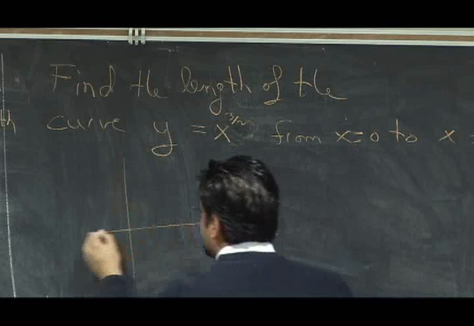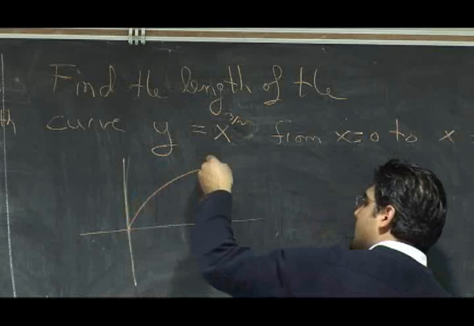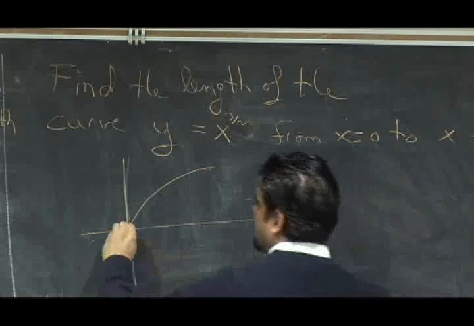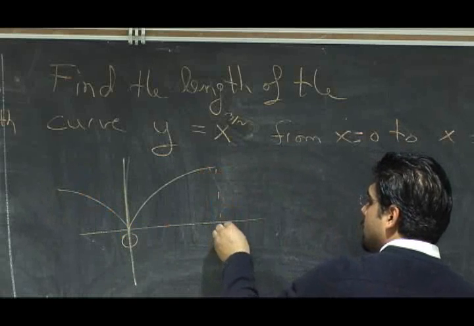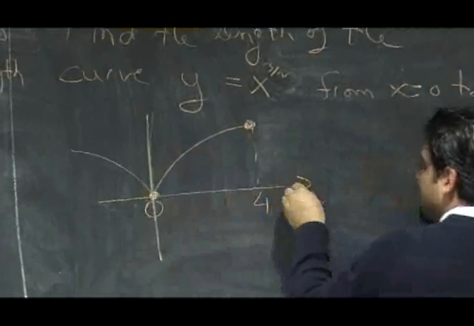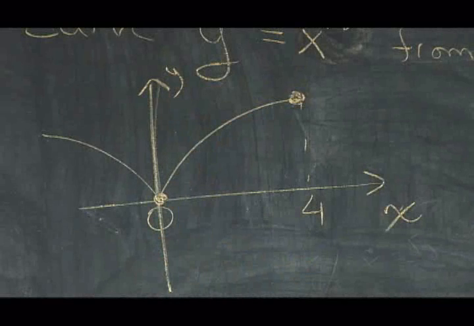We could draw this picture. What does this picture look like? Looks like this. Okay, but we're only interested in the length from here to here. So this length is what we're going to calculate right now.